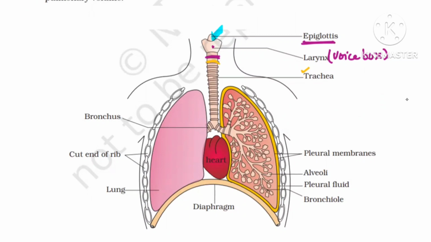And finally, this is your primary bronchi, which will divide to form secondary bronchi, tertiary bronchi, all these things, and they make the structure known as lungs, which is surrounded by two pleural membranes. The outer one is known as parietal pleura and the inner is known as visceral pleura. Clear? And in between them is pleural fluid, present to prevent friction during movement.